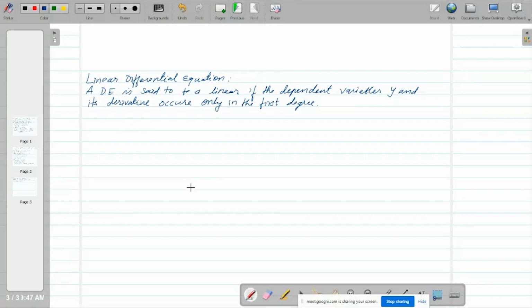There are two types of linear differential equation. So first we write type 1.